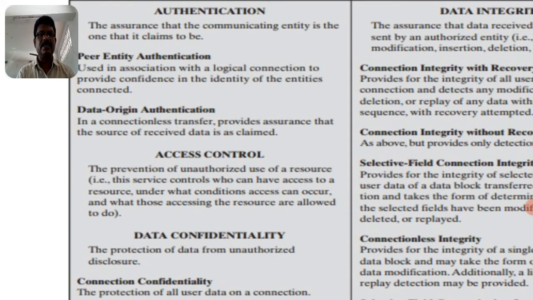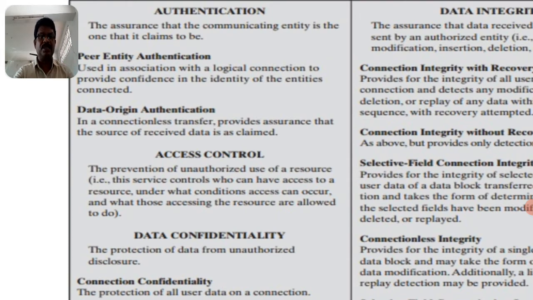The next one is data origin authentication. Data origin authentication, in a connectionless transfer, provides assurance that the source of received data is as claimed. Connectionless service is nothing but the PSN, the packet switching network. We know that there are two types of connections. In connection-oriented, the communication is possible only if the connection is established.